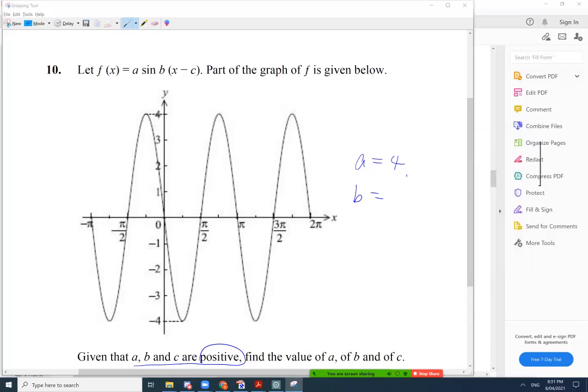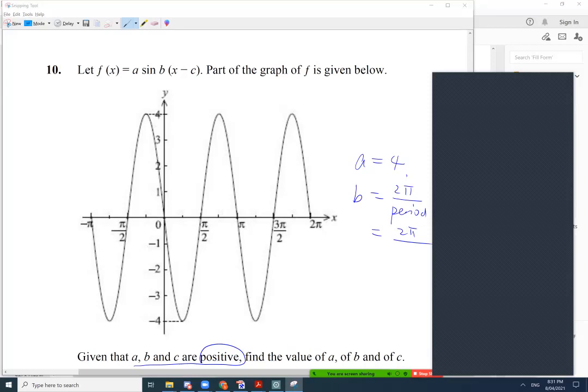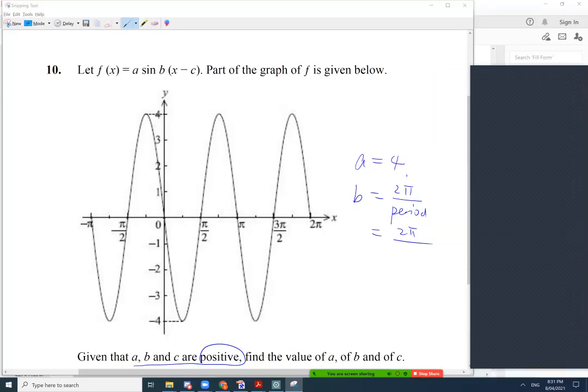For B, we need 2 pi. If it's in degrees, we use 360, divided by the period. What's the period of the curve? It's just pi. Good.